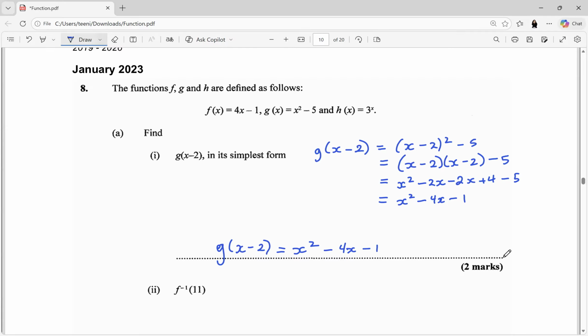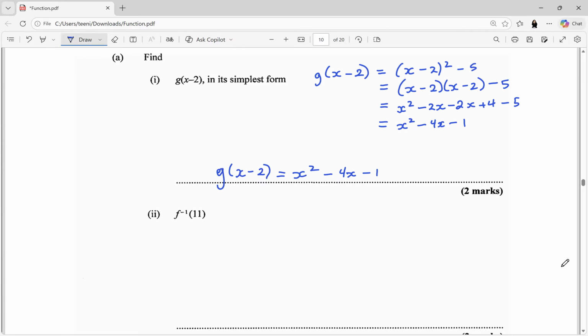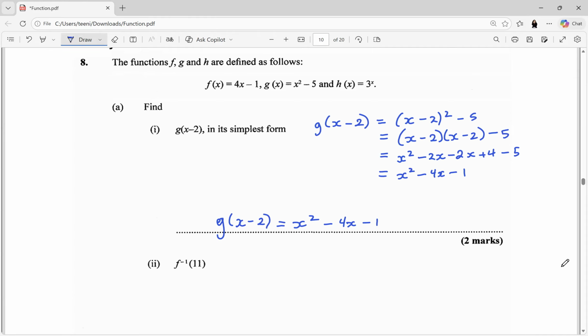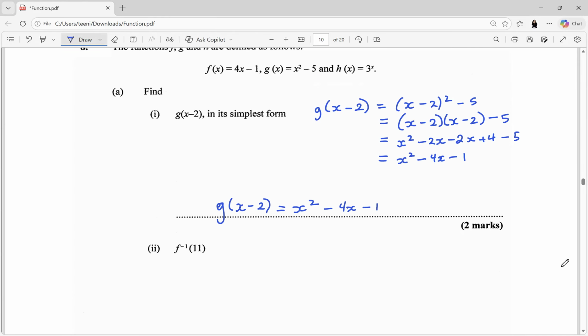All right, f inverse 11. To find f inverse 11, you first need to find what f inverse is. So let f of x equal y. So y is equal to 4x minus 1. Then interchange x and y, so x is equal to 4y minus 1.